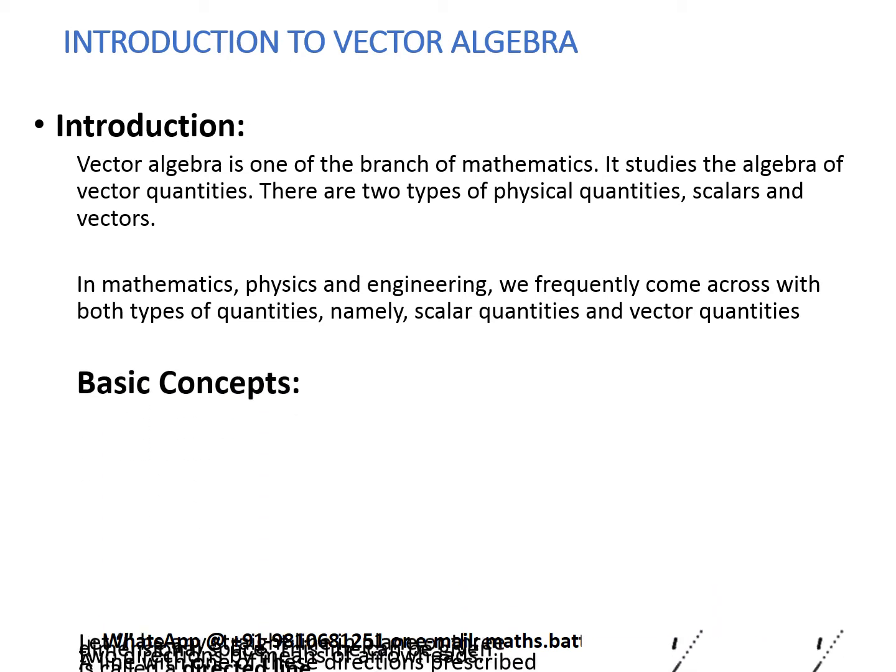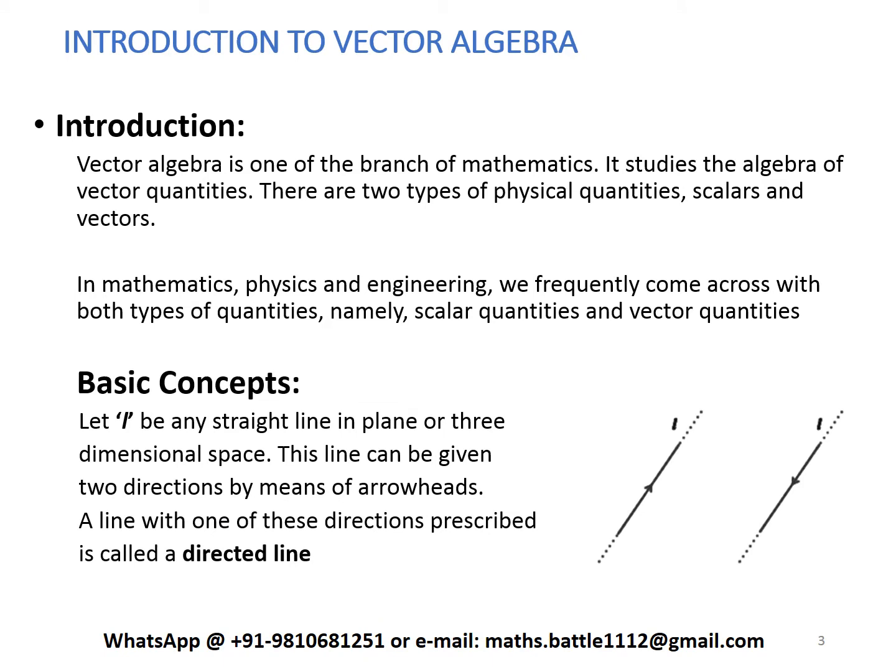Basic concept: let L be any line in the plane or three-dimensional space. This line can be given two directions by means of an arrowhead. A line with one of these directions prescribed is called a directed line.